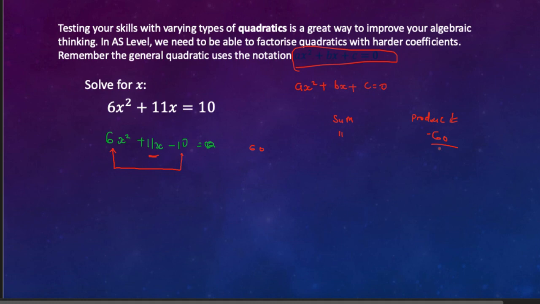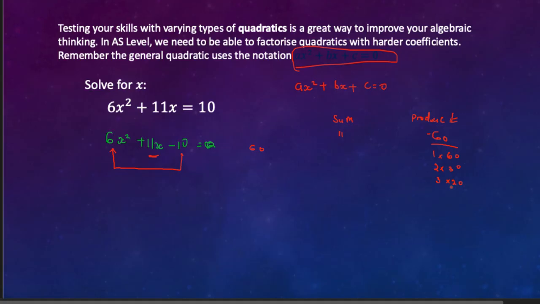So let's start by writing out the factors of 60. So we start with 1, obvious 1. So 1 and 60, 2 and 30, all right? 3 and 20. All these multiplied, we get 60.